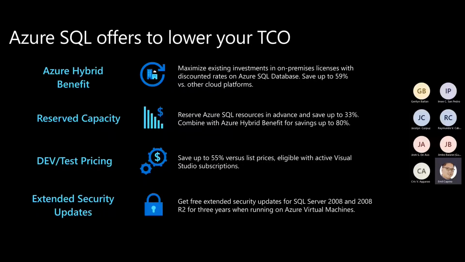So when you move to Azure, you can save up to 59% of the cost compared to moving your SQL Server to other cloud platforms. Once in the cloud, you can also leverage the reserved capacity, which will allow you to save up to 33% more. And you can combine it with your hybrid benefit, which would lead up to about 80% in savings.